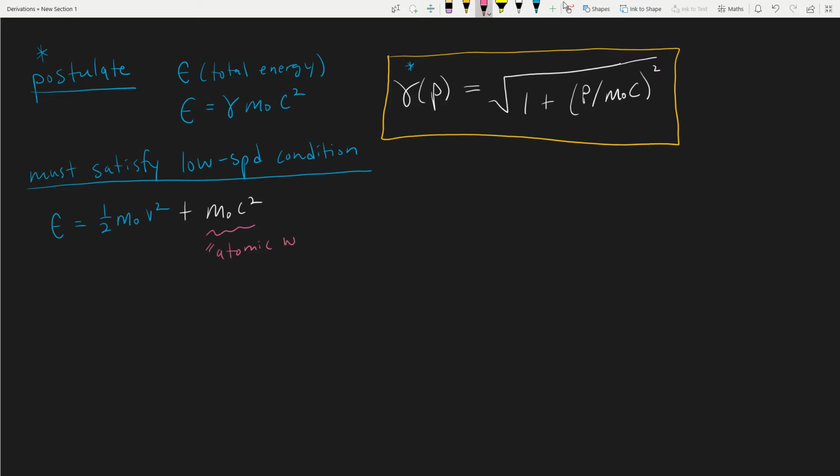This informs us something about our model. This informs us that no longer are our particles just points. In the Newtonian world, objects are points with no size that have mass and speed and position x, y, z. Now we are saying that the energy content of the system also is comprised of this atomic energy, and loosely speaking, we're talking about the atomic binding energy.